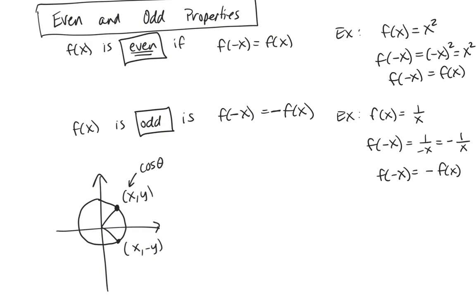So let's say we're doing pi over 4 and negative pi over 4. Cosine of pi over 4 is square root of 2 over 2. Cosine of negative pi over 4 is also square root of 2 over 2. Those are the same thing. So when you put in a negative angle, you're going to get the exact same value as if you put in a positive angle. So cosine is an even function.